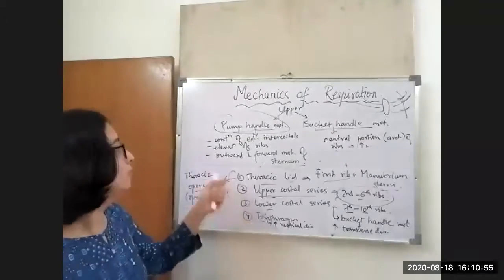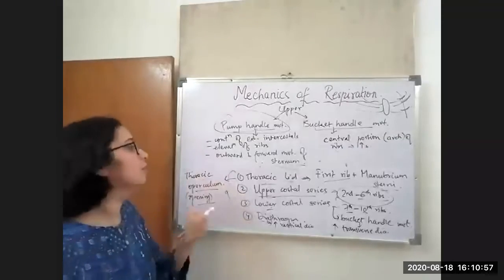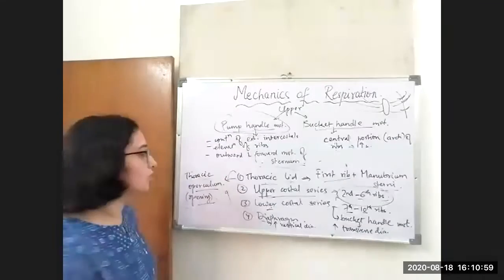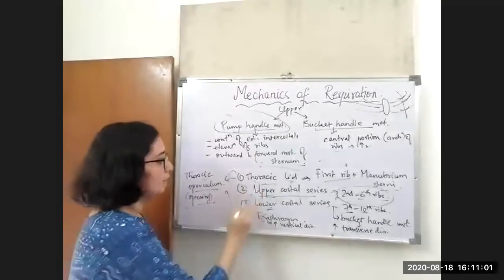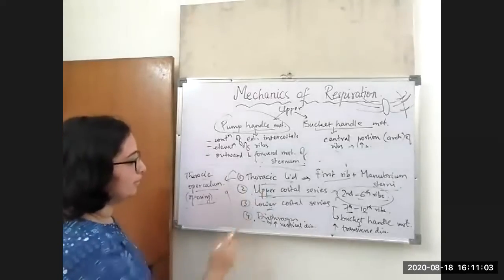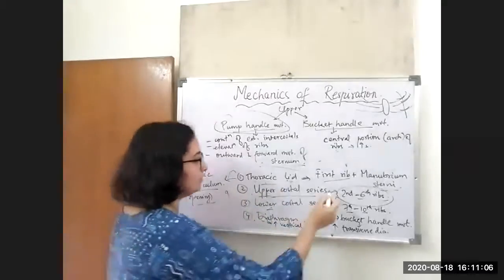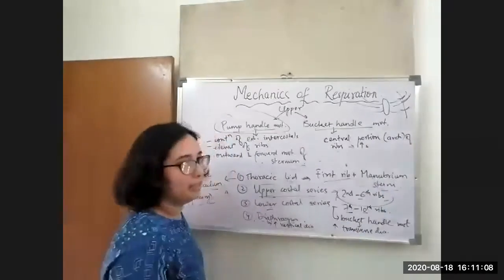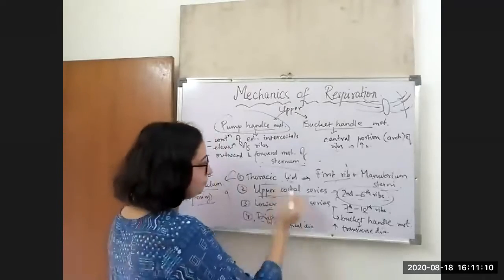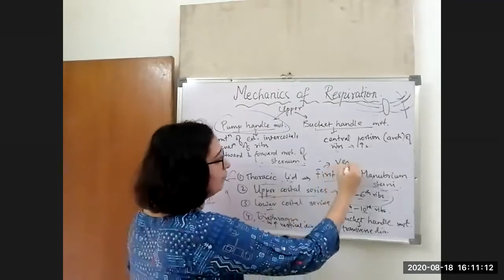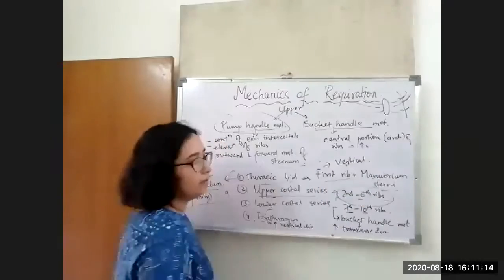So, what are the things we saw in the movements of the thoracic cage? These are your thoracic lid, upper costal series, lower costal series, and the diaphragm. Thoracic lid is made by the first rib and the manubrium sterni, and it will increase the vertical diameter of the thoracic cavity.